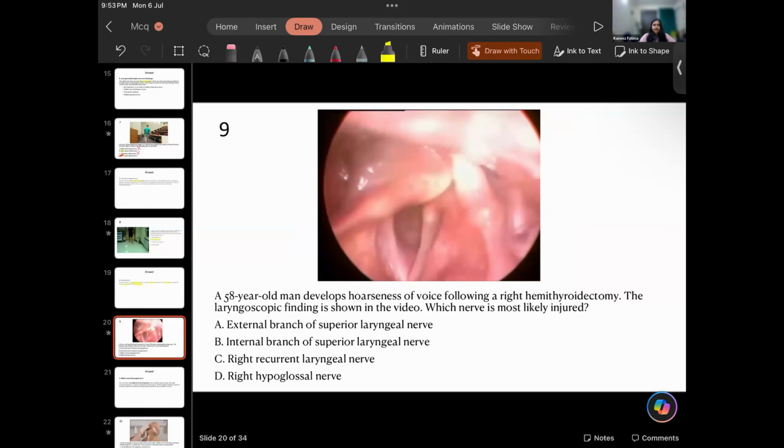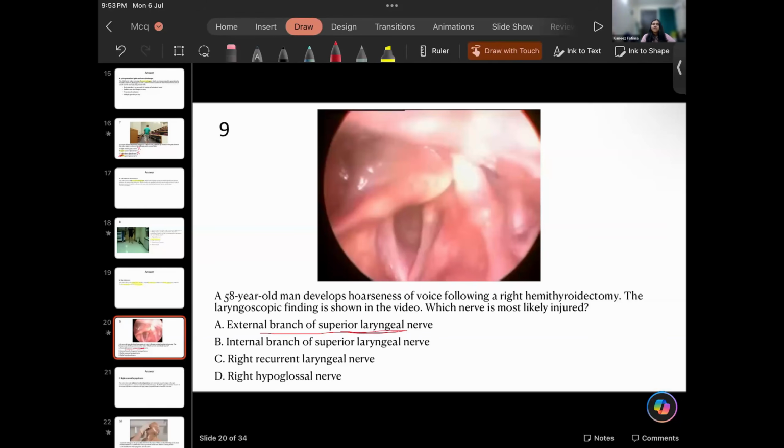We know that it is a right recurrent laryngeal nerve, but why is it not the other nerves? The external branch of the superior laryngeal nerve supplies the cricothyroid. We know all the muscles of the larynx are supplied by the recurrent laryngeal nerve, except the cricothyroid, which is supplied by the external branch of the superior laryngeal nerve.